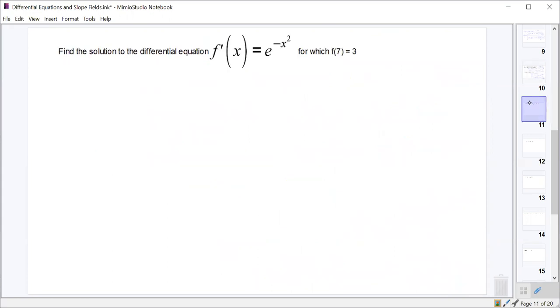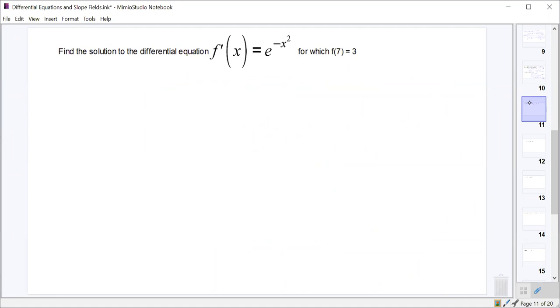All right. Let's see if we can do something a little different now. See if we can find the solution to this differential equation, f prime of x, or dy dx if you prefer to write it that way, equals e to the negative x squared. Then we want f of 7 to equal 3. So here comes the difficult part of this.